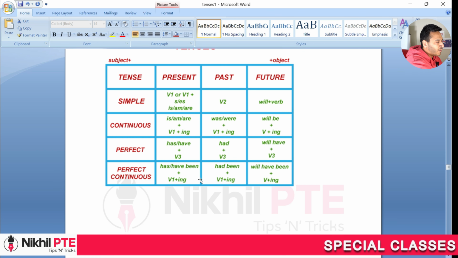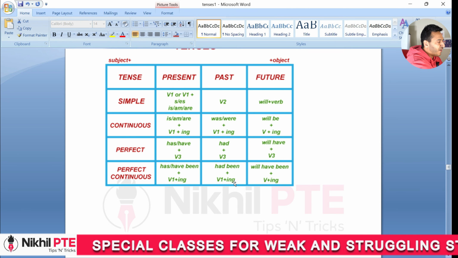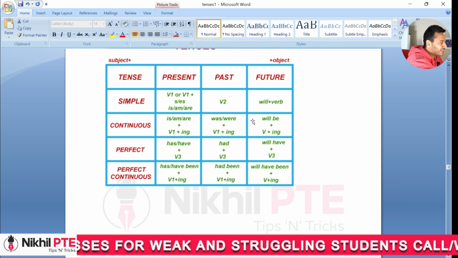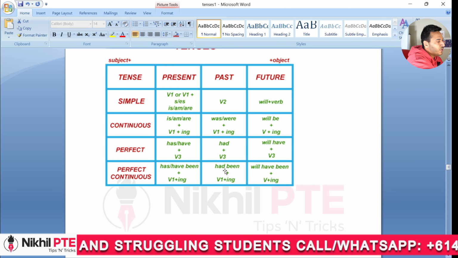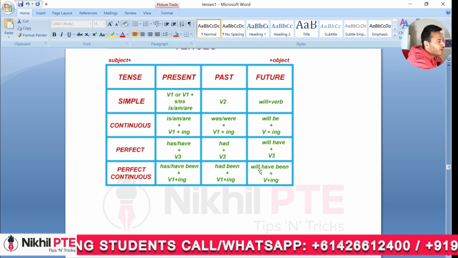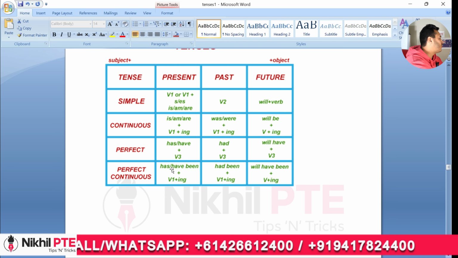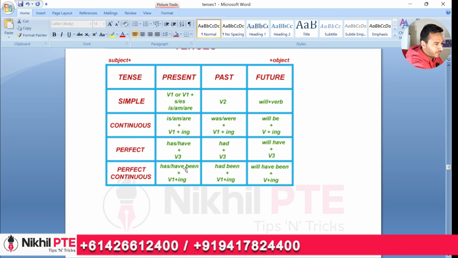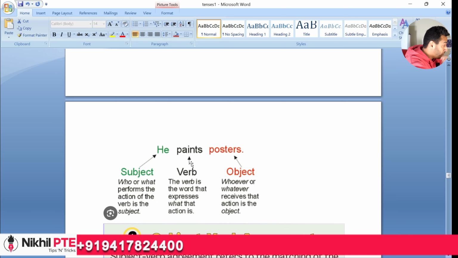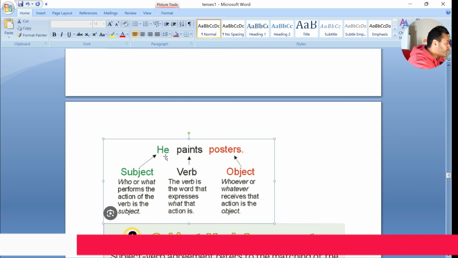Similarly, first form of verb plus ing is common in perfect continuous, but the change is in past, in which you will use had been, and future you will use will have been, and here you are using has or have been.